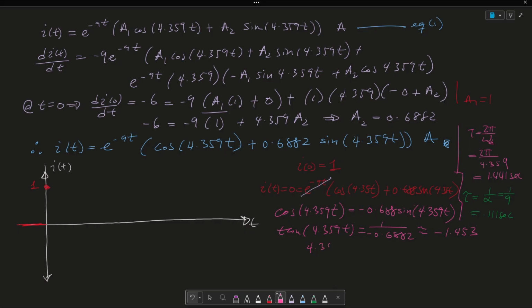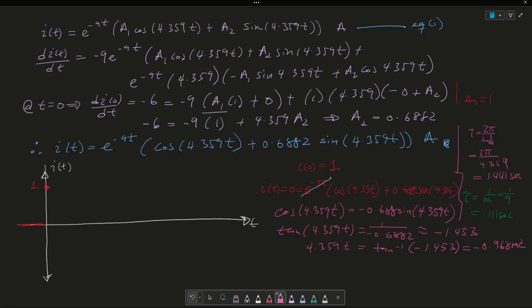So we're almost done here. We have 4.359t is equated to the tan inverse of minus 1.453, which if we do the math on this, we get minus 0.968 radians. And this is very important. Since time moves forward, we need the first positive angle where the tangent function hits the same value.